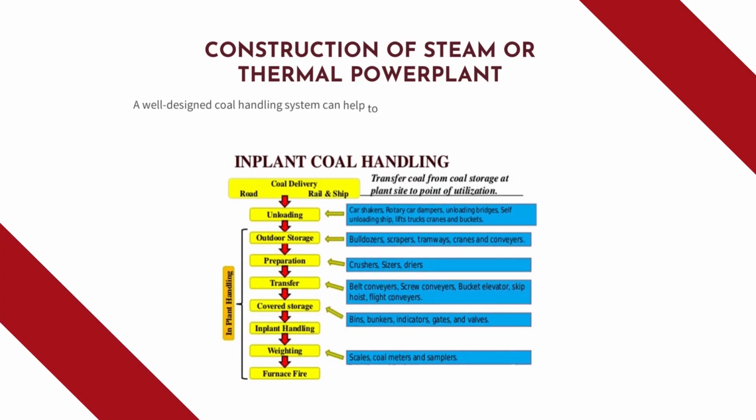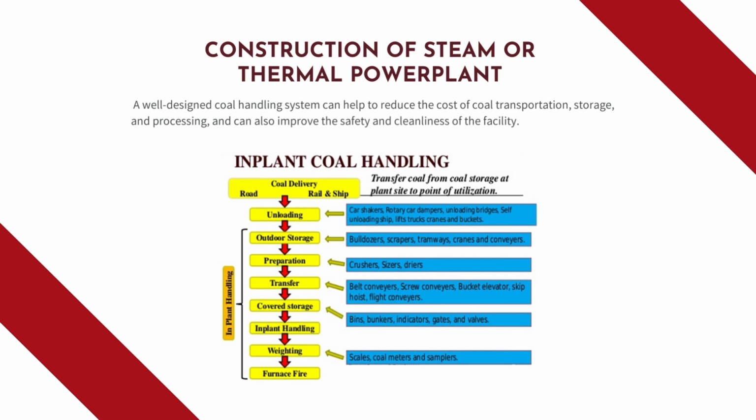Now, here we can see the construction of the coal handling system. What happens in this system? A well designed coal handling system can help to reduce the cost of coal transportation, storage and processing, and can also improve the safety and cleanliness of the facility.